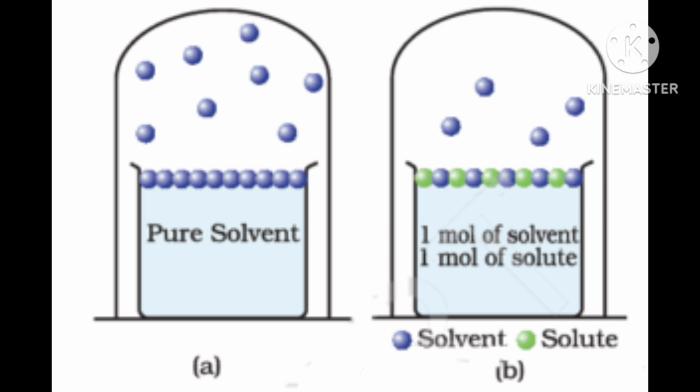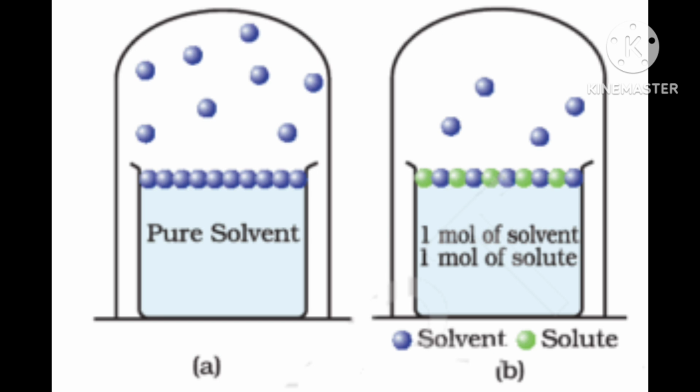That is why the vapor pressure will increase, going higher than what Raoult's law expects. This is positive deviation.